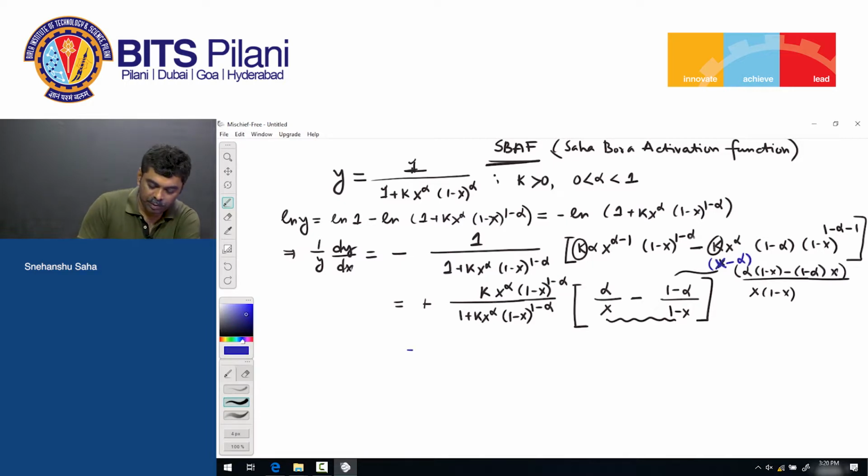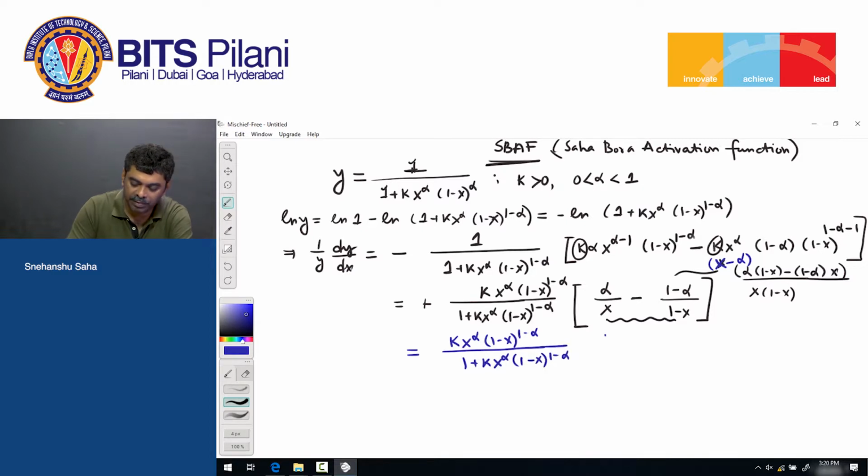Okay, in the next step I'm intentionally using a different color. So it's k x to the power alpha, 1 minus x to the power 1 minus alpha, over 1 plus k x to the power alpha, 1 minus x to the power 1 minus alpha, times alpha minus x over x times 1 minus x.